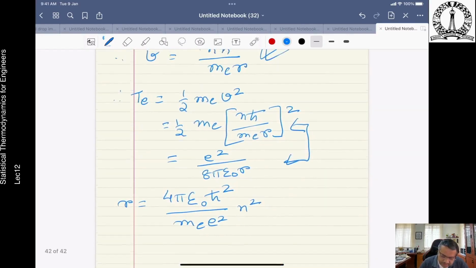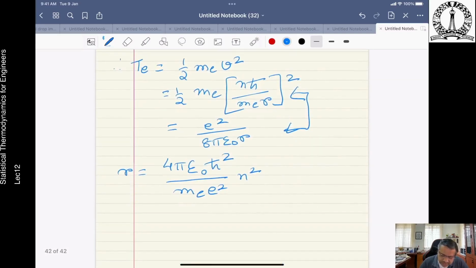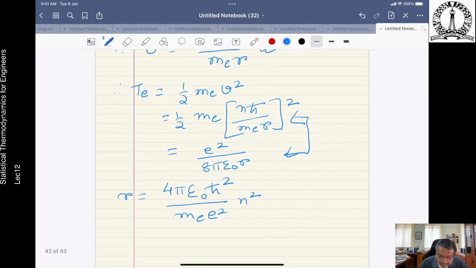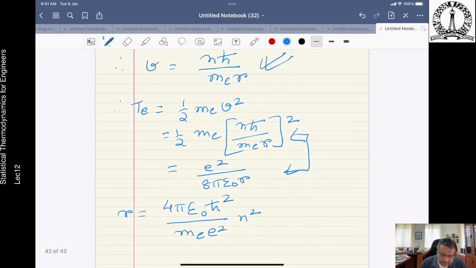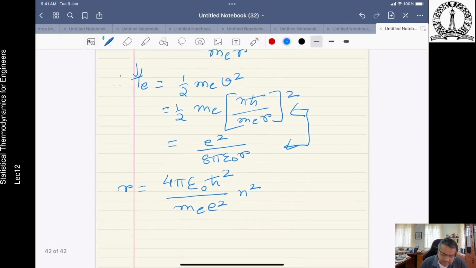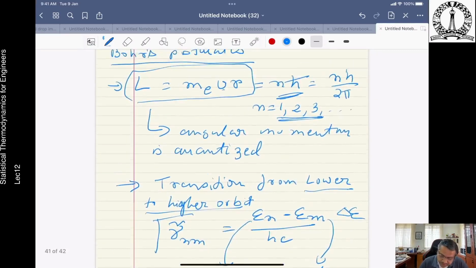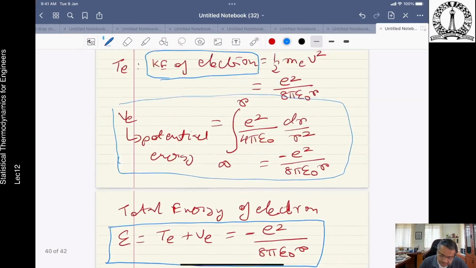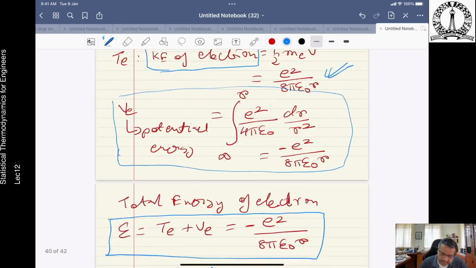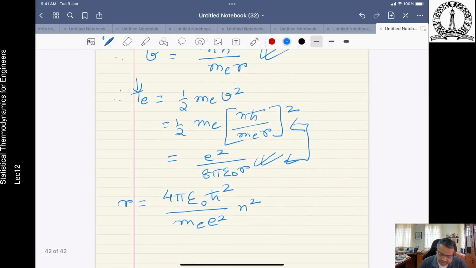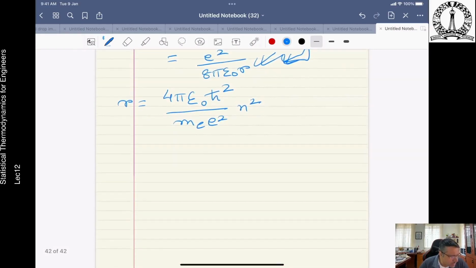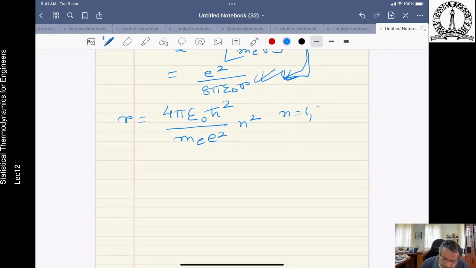Here you can be clear that because the angular momentum was quantized, this readily offers an expression to calculate v, and v can now be further substituted in the kinetic energy term, and therefore, now equating with the existing expression for kinetic energy, which we already did over here, taking this and equating these two, we get a definition for r, where n is equal to 1, 2, 3. So as you can see, r is naturally quantized, right?